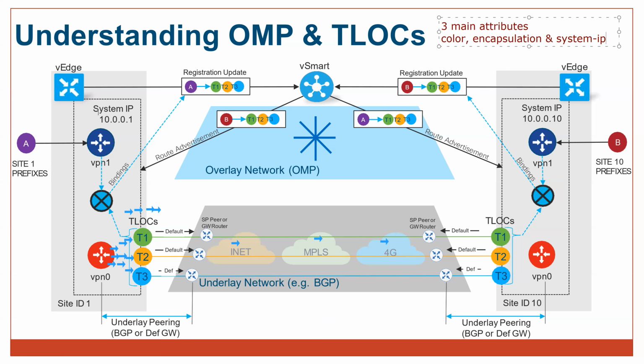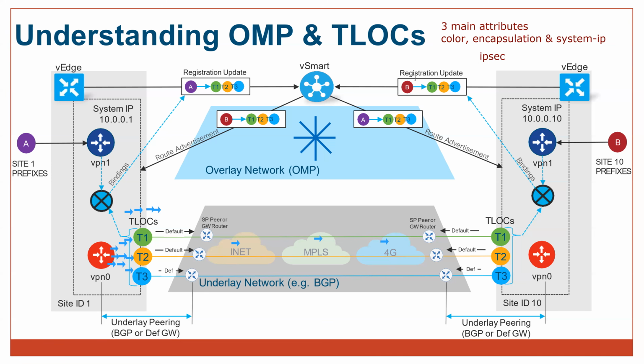System IP, you can see here the system IP highlighted 10.0.0.1. Then you can see the colors green, orange, blue. And then encapsulation. In this case, mostly you will see encapsulation will be IPsec because we are forming IPsec tunnels between the branches.